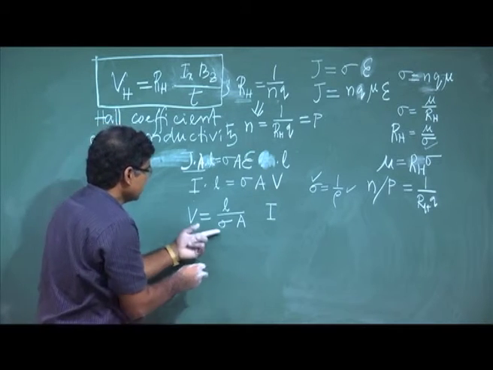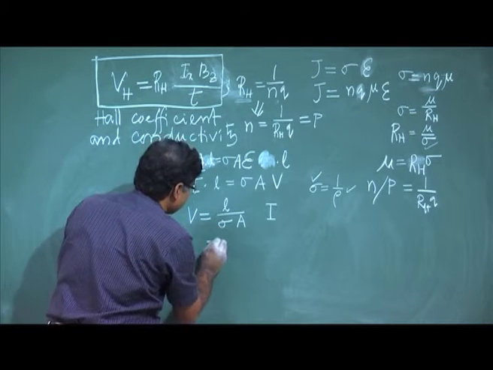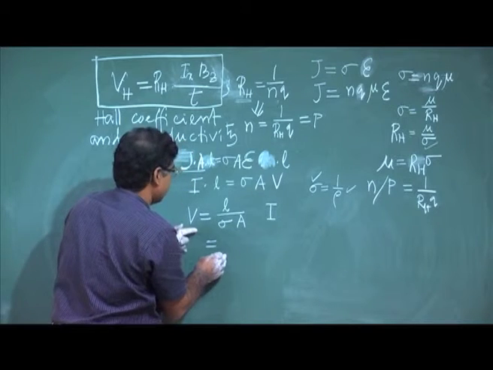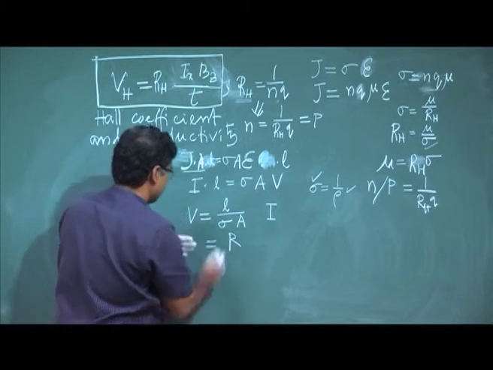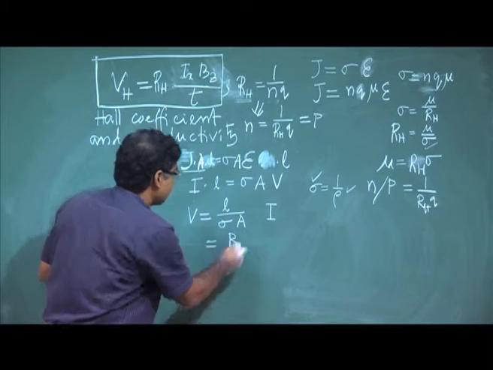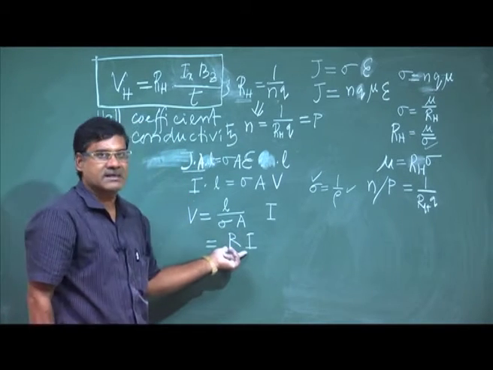So this is basically some constant, V equal to some constant times I. This is nothing but the resistance.